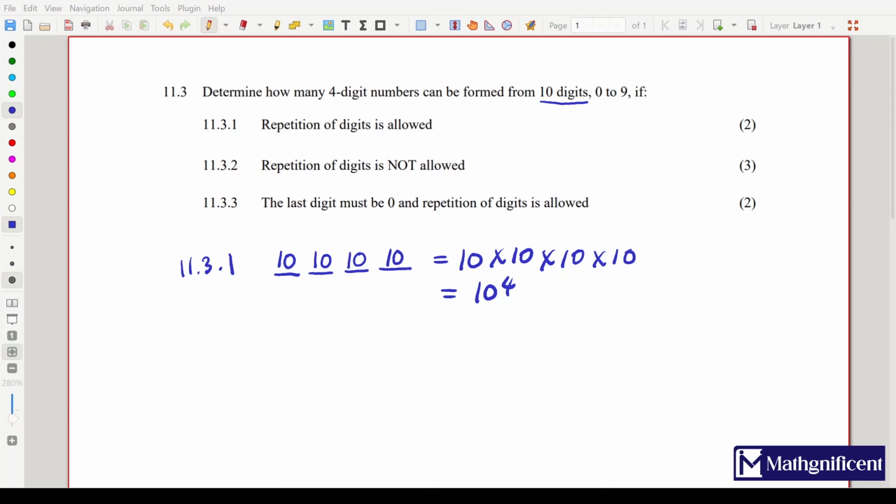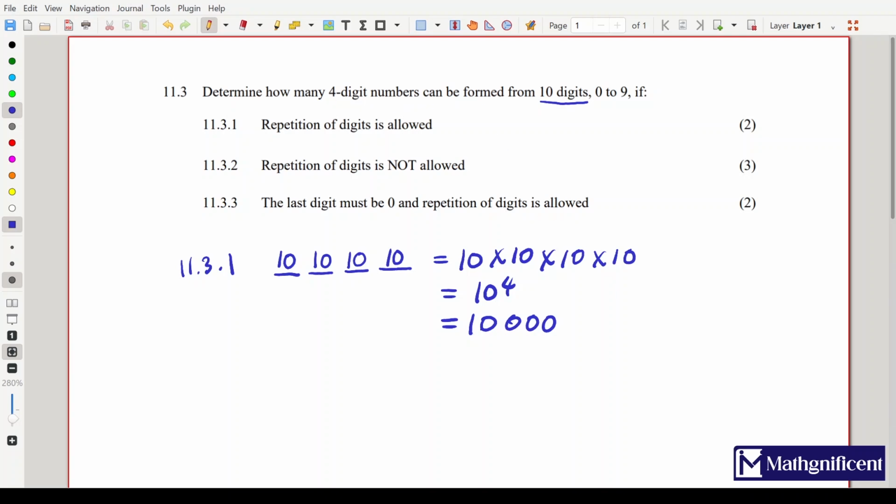So now we can see that 10 to the power of 4 is equal to 10,000. So we know that it says how many four-digit numbers.